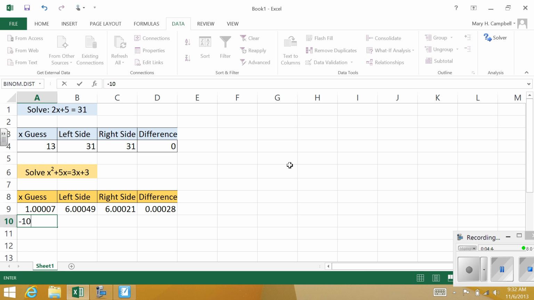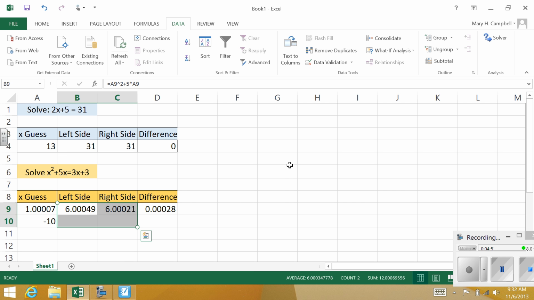And just to be lazy, I should be able to grab these cells and just drag them down. Whoops, a little too far there. Okay, having a little trouble doing that. Let me try that again. Get my black plus, drag down, there we go.